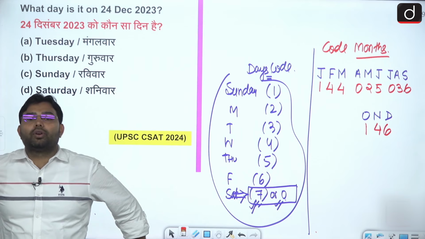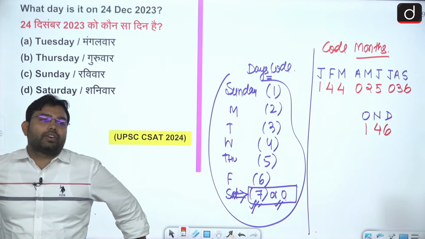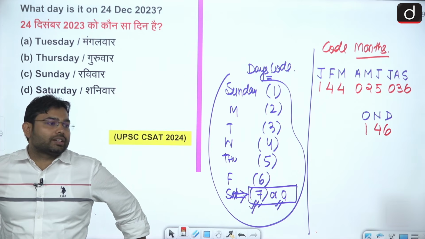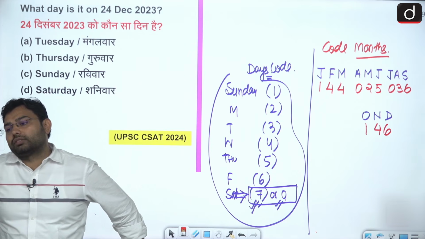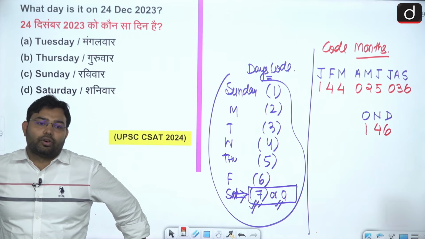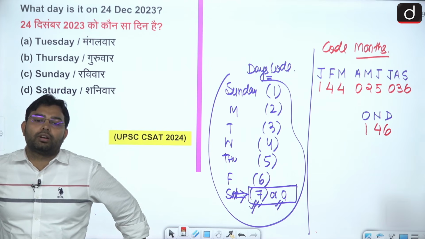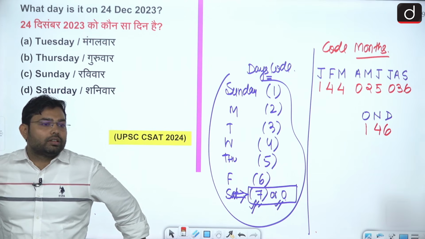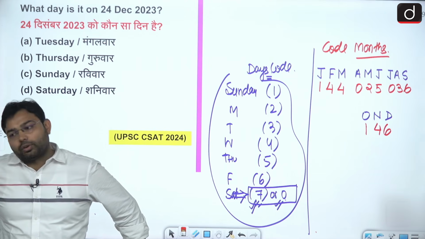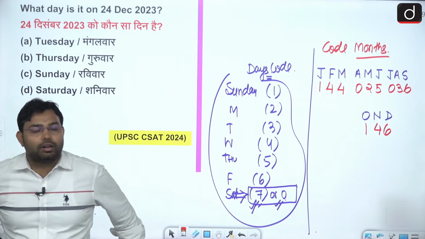Repeat 2 times. 144 025 036 146. One more time. 144 025 036. One more last time. 144 025 036 146. This is the code for month.